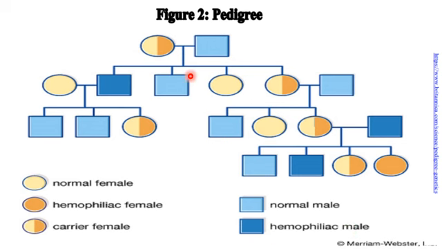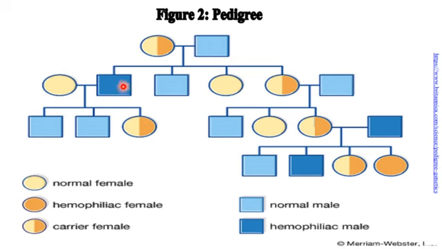Okay? So, both of the parents are normal, but the mother is a carrier. If she is a carrier, she can transfer the gene to her children. As you can see, one child is a hemophiliac male, and then this is normal, this is also normal, and this is a carrier.